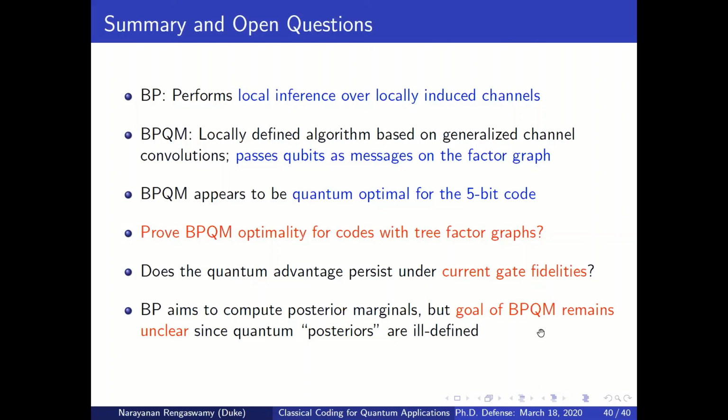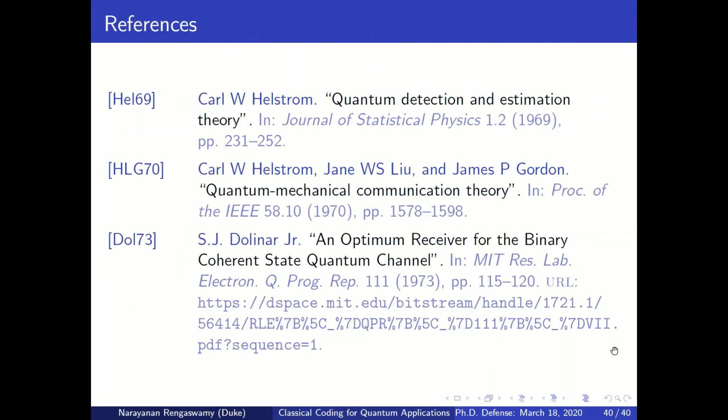If you want to define a posterior distribution, you have to have some observation of the data. But in the quantum case, you have to measure if you want to get some observation, and we know that measuring each qubit is suboptimal. So it's sort of a loop, and it's not clear if there is a good definition of a posterior by which we can say that this BPQM is doing posterior marginal computation.